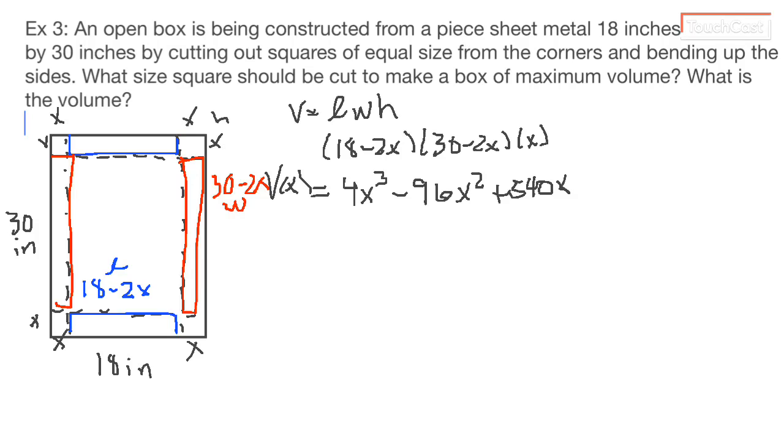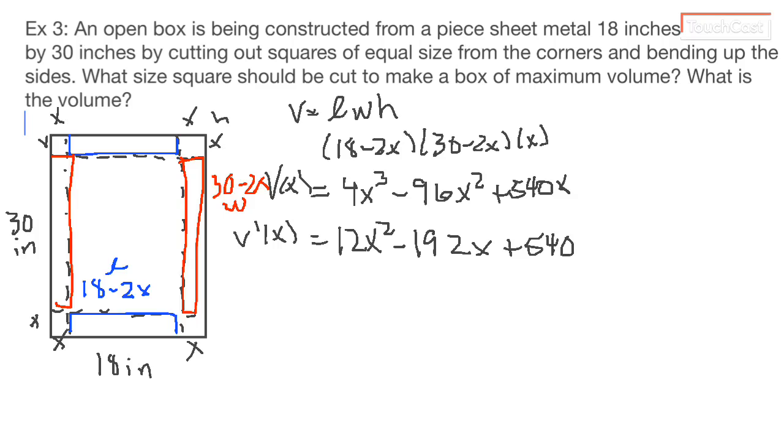We want to maximize the volume, so we are going to find the derivative of this equation and set it equal to 0. So v prime is going to equal 12x squared minus 192x plus 540.